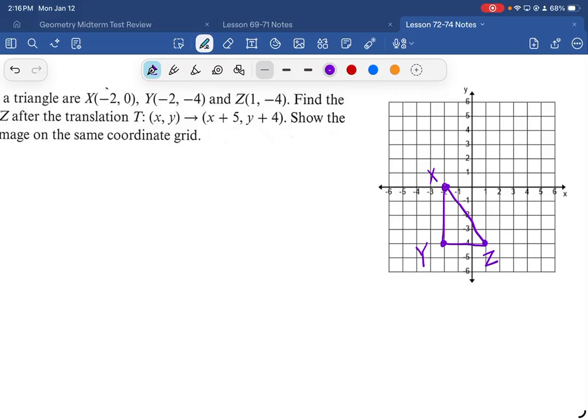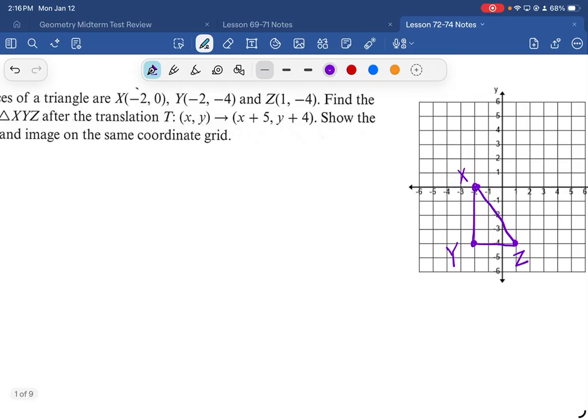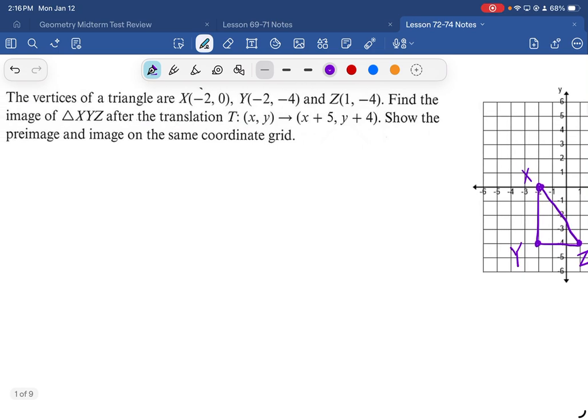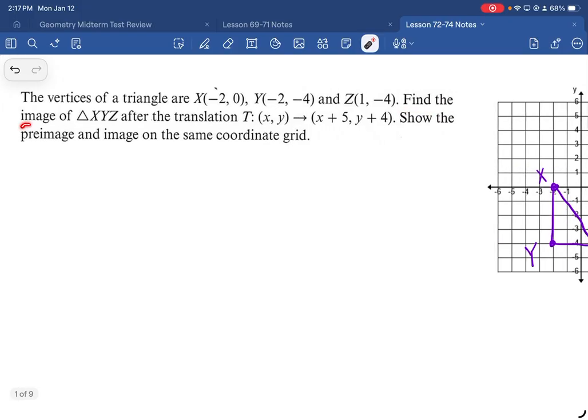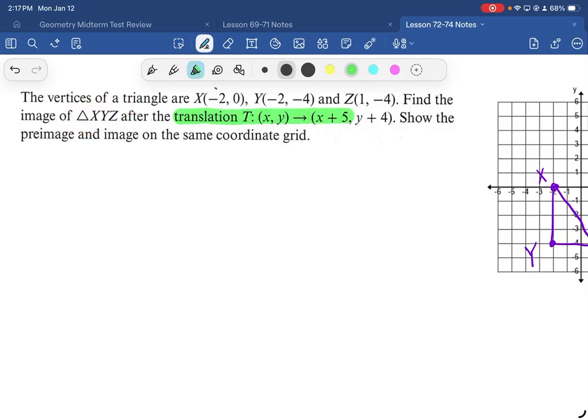And when you're finished, look up here and see if yours matches mine. Okay, the directions say, find the image of triangle XYZ after the translation of this rule right here.